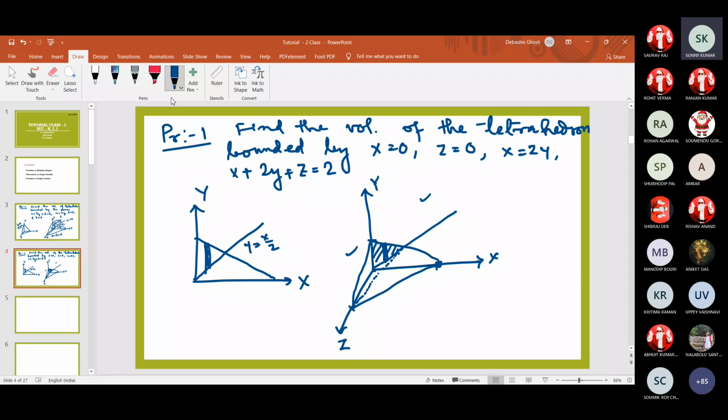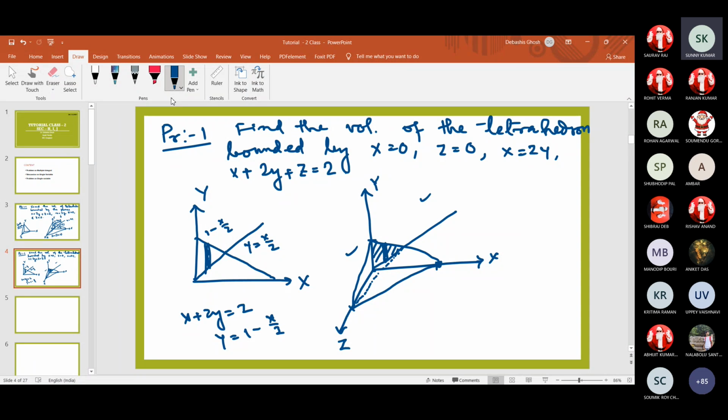For x plus 2y equals 2, that gives y equals 1 minus x by 2. That is the range for y.